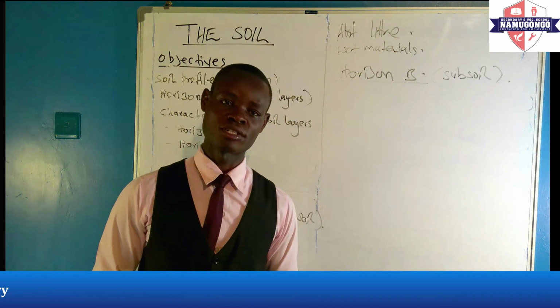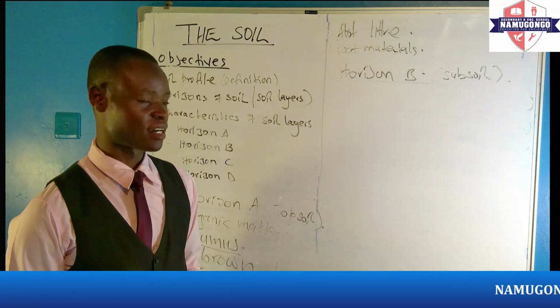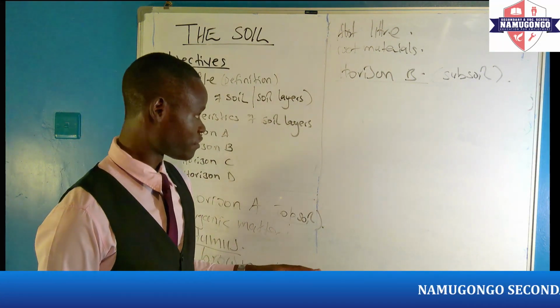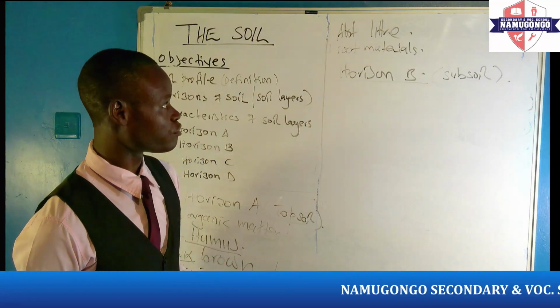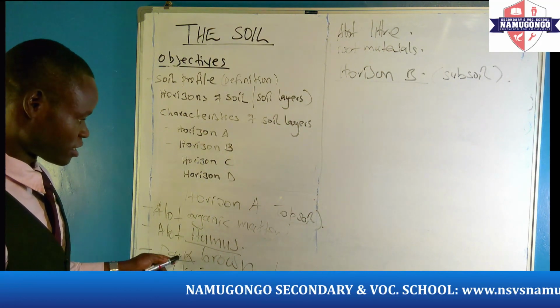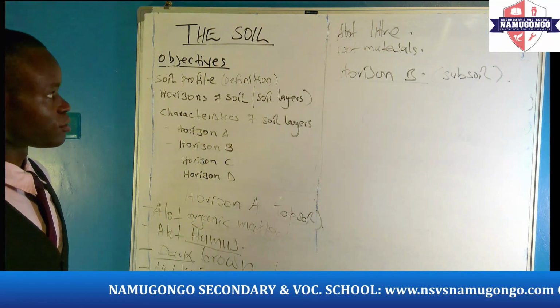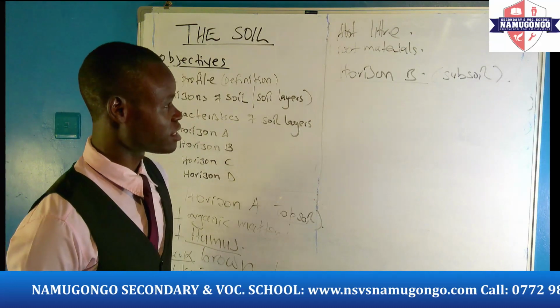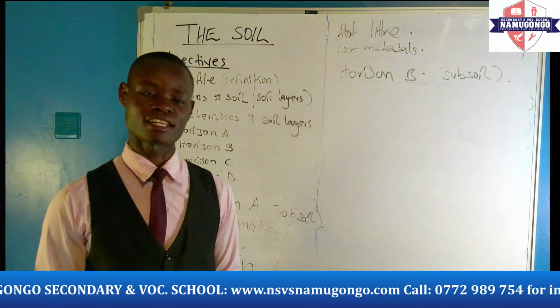Then this layer is also characterized by having some little amount of living organisms. It is light brown. It contains air spaces, highly aerated, and it also contains some water.